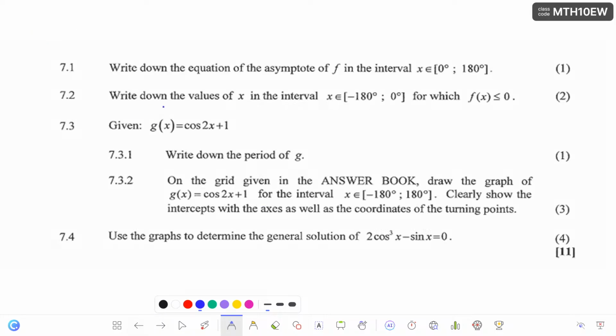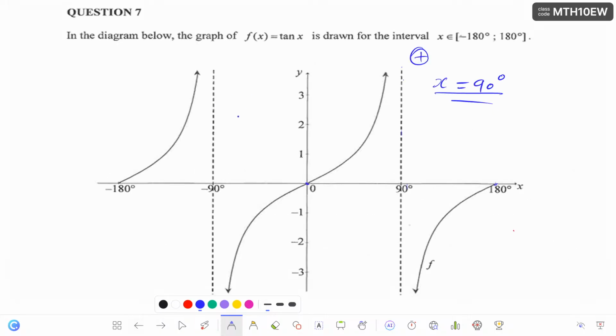7.2, they said write down the values of x in the interval x is an element of negative 180 degrees to 0 degrees, for which f of x is less than or equal to 0. So they are looking for values of x where f is decreasing. So it has to be negative. It has to be this side because the only values that are less than or equal to 0 are on this side.